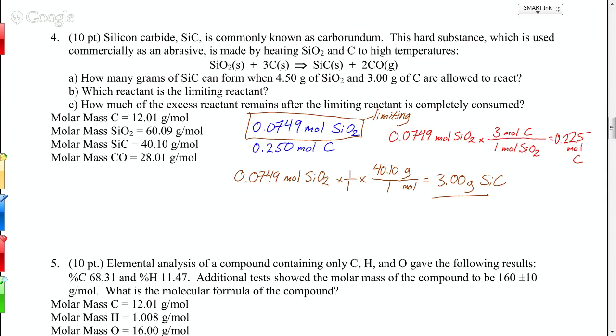And then how much of the excess reactant would remain? 0.03 grams? Oh, sorry, that would be moles. It doesn't specify, but I guess we should make that in grams. So the excess is going to be, since we need 0.225 moles and we have 0.250 moles, 0.025 moles of carbon.